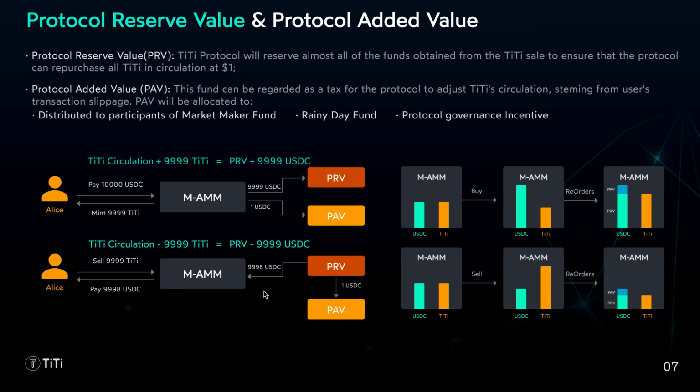So this part of the PRV can be released when the protocol is buying back the part of TT. The process reflected in the reorder process is shown on the right side.